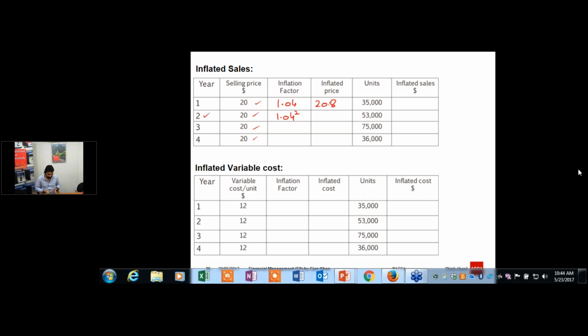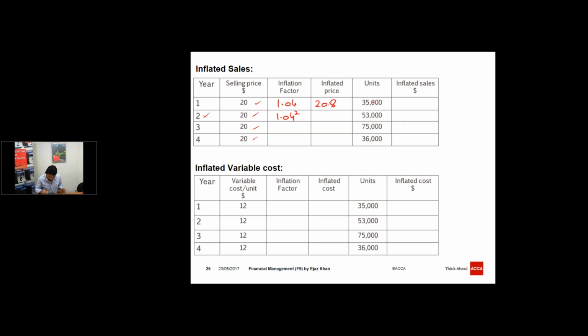For year 2, kindly tell me. Yes, we have to round off to 2 decimal places. $21.63 for year 2, right?